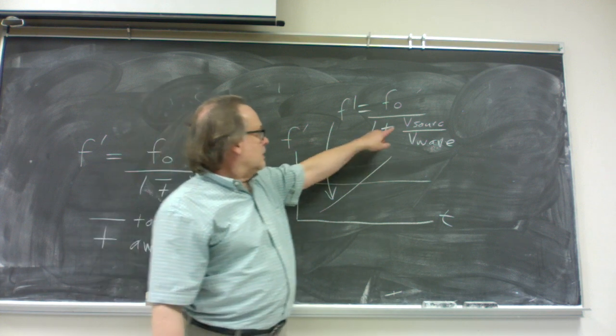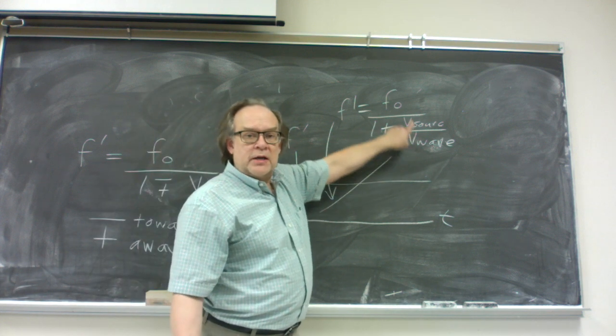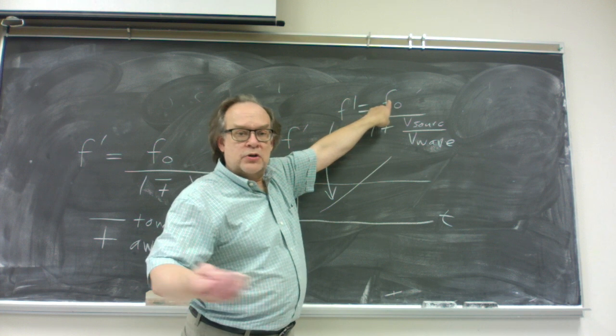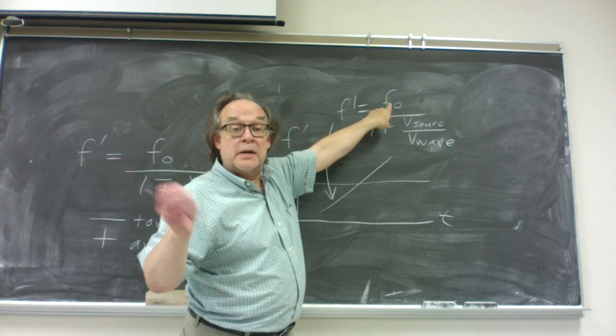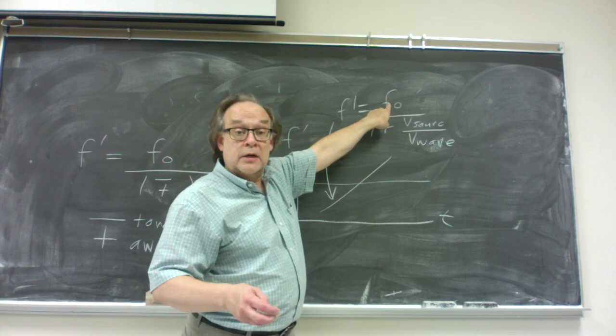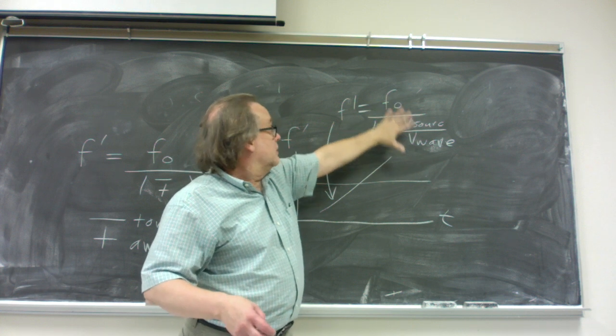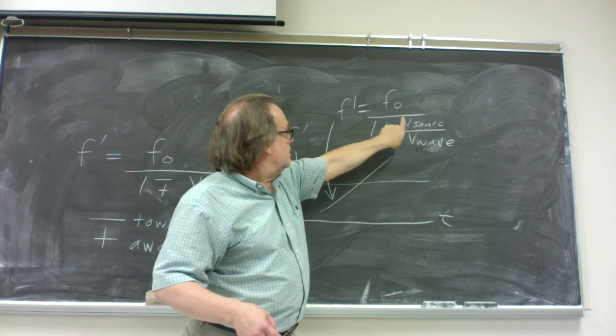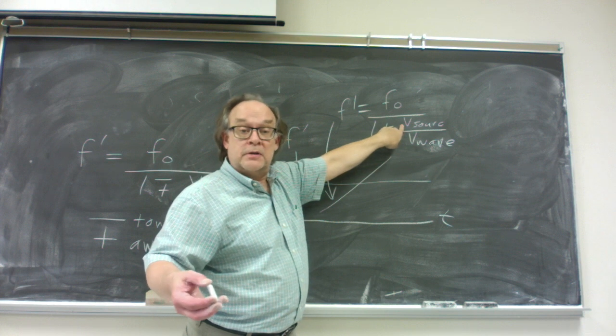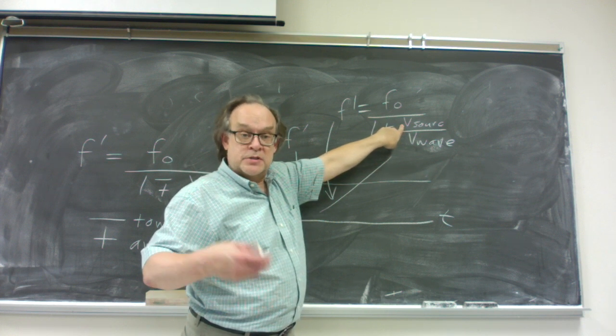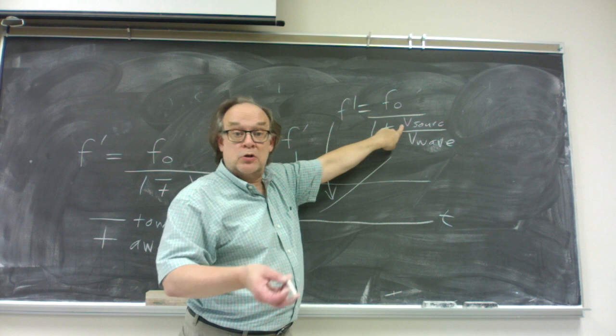And speed of sound isn't going to change. f0 isn't going to change. It is whatever it is, just depends on what's going on at the source. The only thing in this equation that could change is the speed of the source. Right? The ambulance that's sounding the siren either speeds up or slows down.